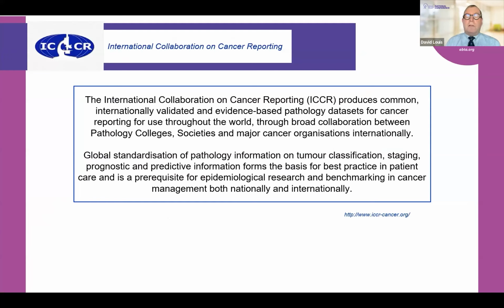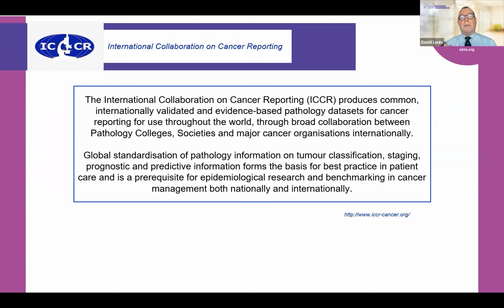The International Collaboration on Cancer Reporting, the ICCR, is also really interesting to know about, because you might ask, well, how do I know that my pathologist in San Francisco is issuing the same type of report as another person's pathologist in Boston, or another person's pathologist in Hong Kong or Paris, for that matter?